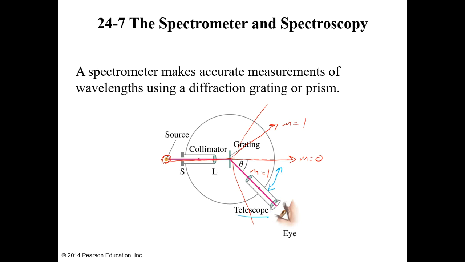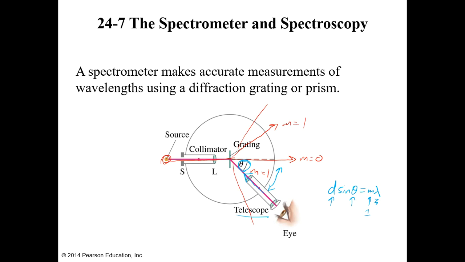And you look through that telescope until just the right point that you are looking directly at the m=1 line. And by doing that, you can very accurately measure the angle of that diffraction. And then following the equation of diffraction, you have the angle, you know the distance between the spaces in the grating, and m is just equal to 1 in this case, and so then you can actually calculate the wavelength.